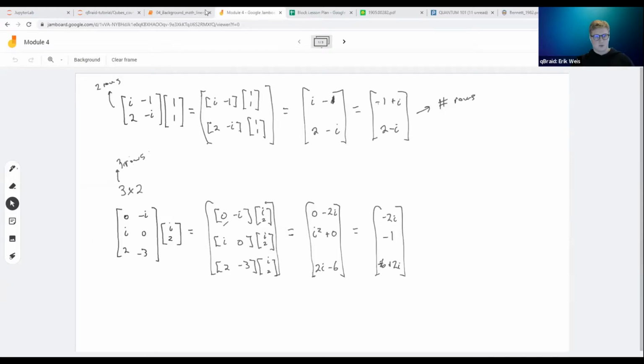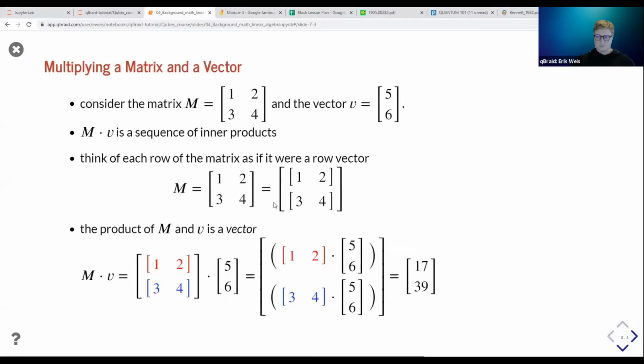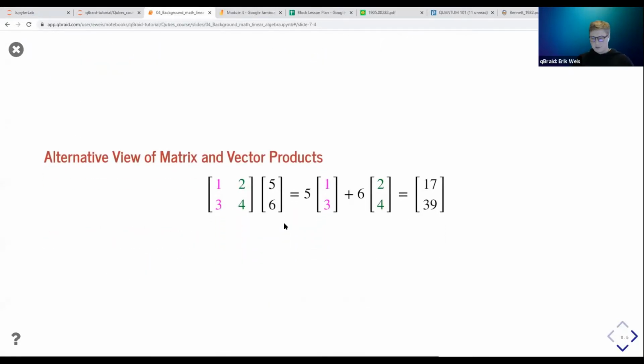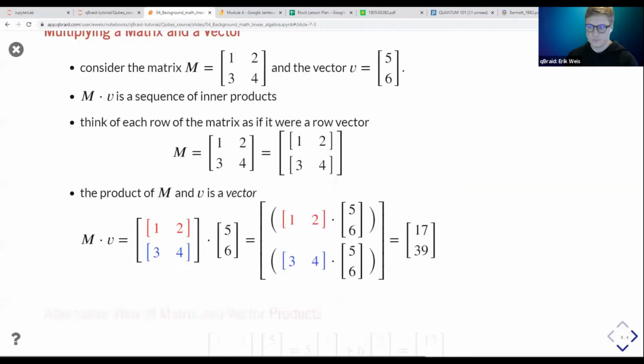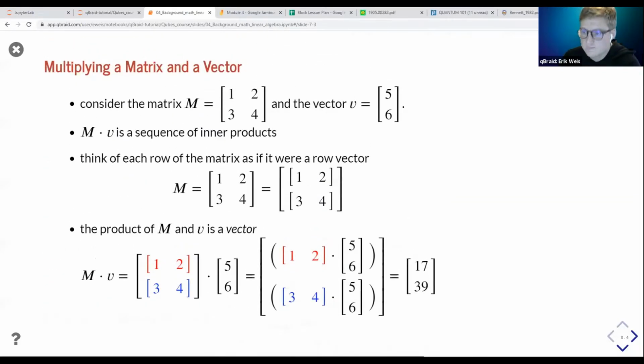Okay, so let's go on. Another way to think about matrix multiplication: yes, Edward, and we'll get to that.